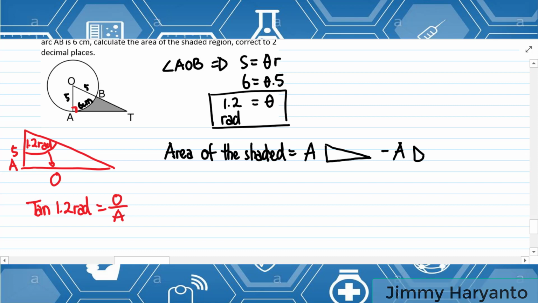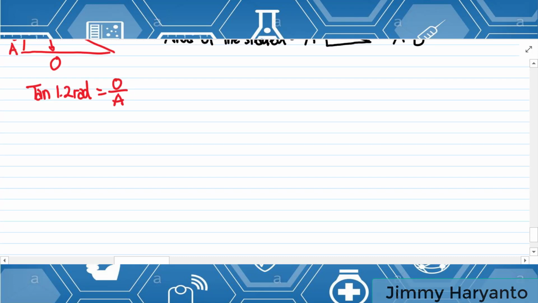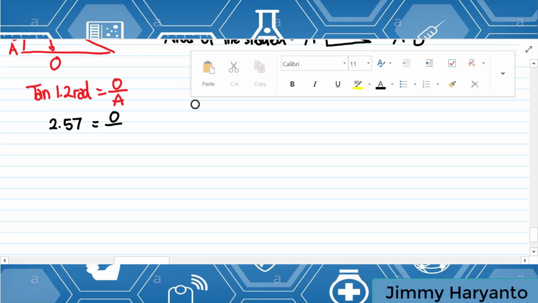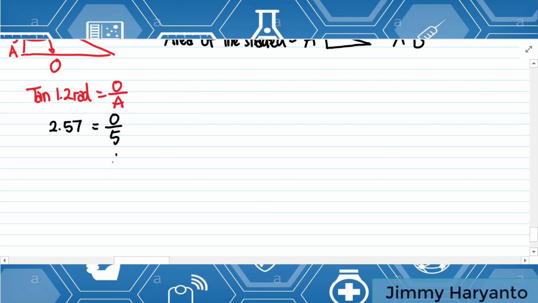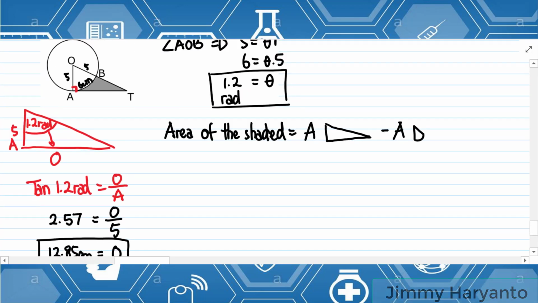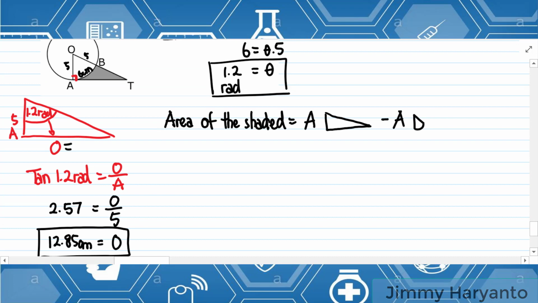Using your calculator, do not forget to change the settings into radians, you will get 2.57 equals opposite over 5. So the opposite is 2.57 times 5, which equals 12.85 centimeters. Okay, this is the opposite.